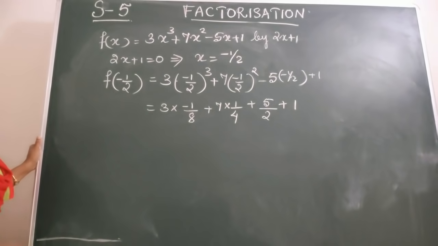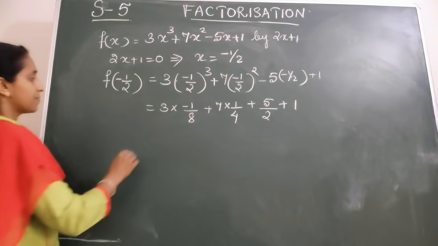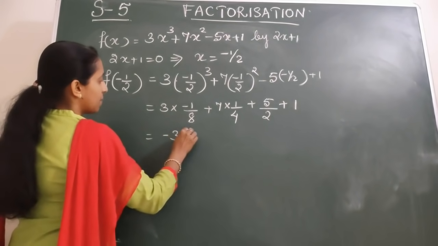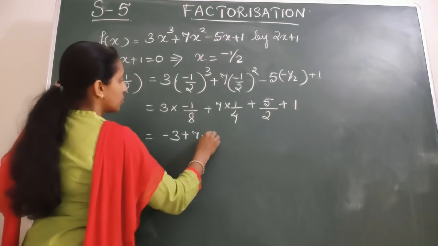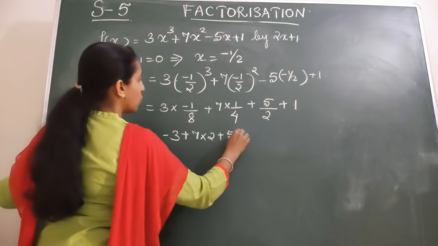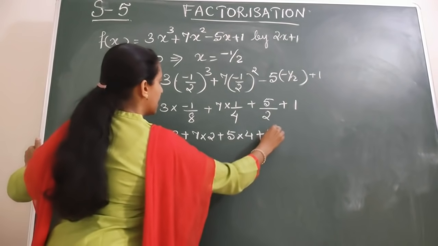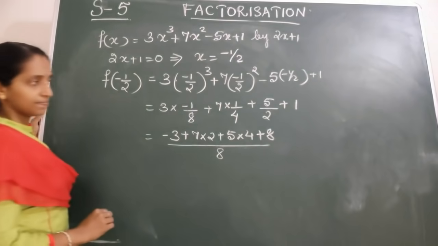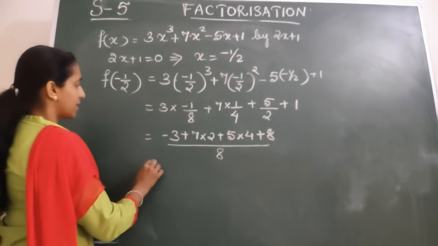Now what to do? You have to take the LCM. That means LCM is 8. So minus 3 plus 7 into 2 plus 5 into 4 plus 1 into 8, all divided by 8. Then you will simplify it.